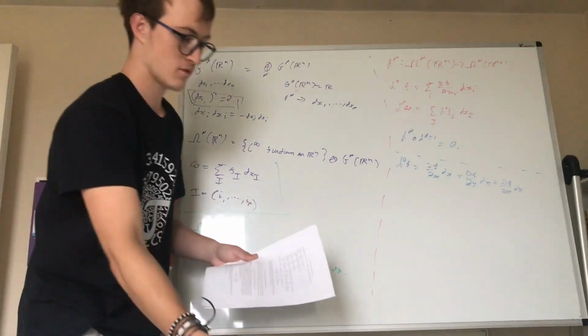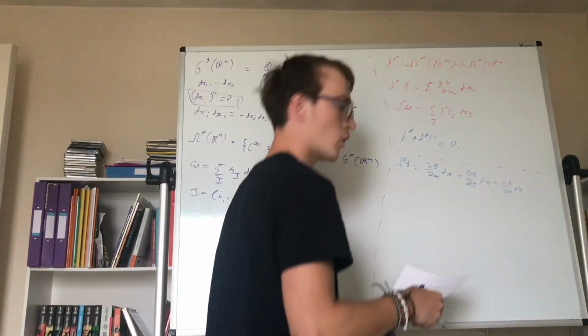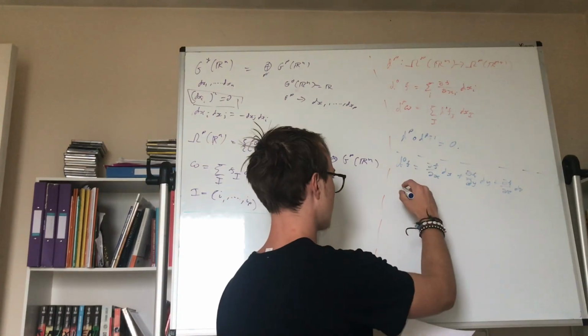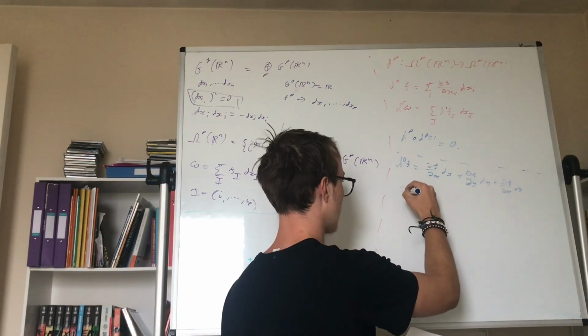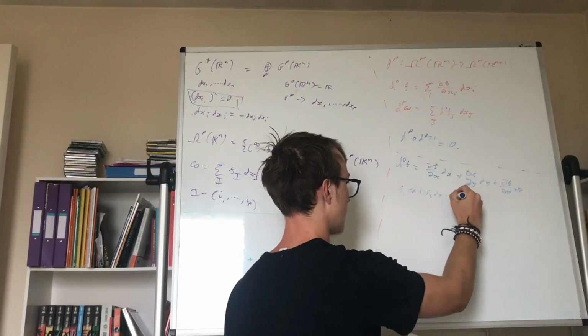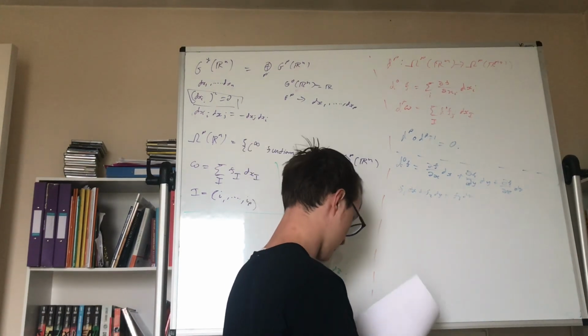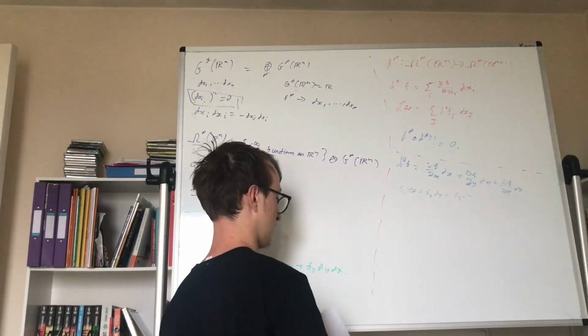Now, if we have some one forms, so what would a one form look like? Well, if we had some one form f1 dx plus f2 dy plus f3 dz, and we took, I'm going to change the pen to something that works better.